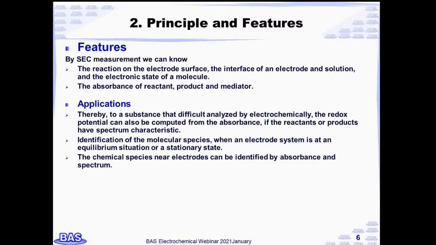Furthermore, when an electrode system is at an equilibrium situation or a stationary state, from SEC measurement, identification of the molecule species and analysis of a molecule structure are possible. The chemical species near electrodes can be identified by absorbance and spectrum.